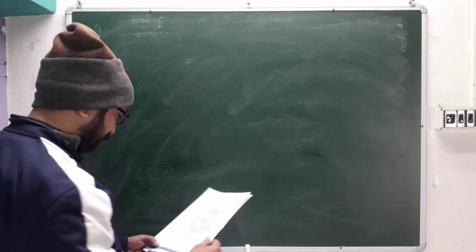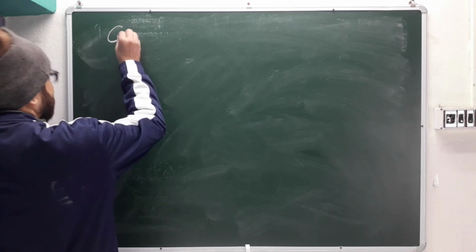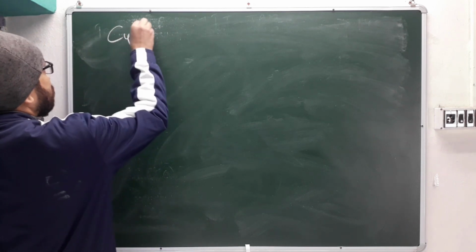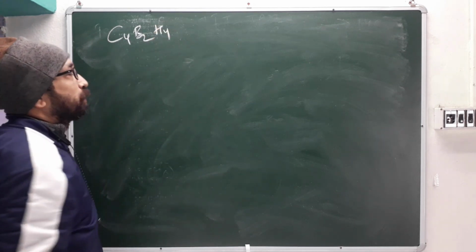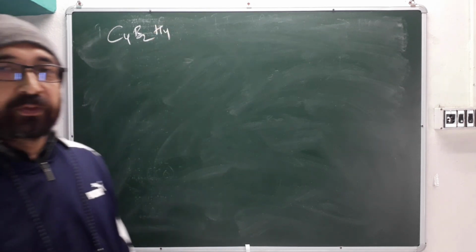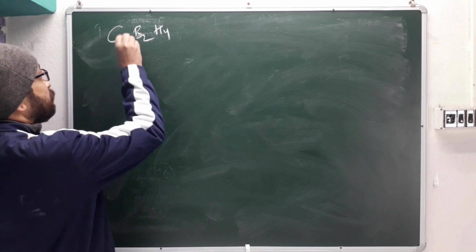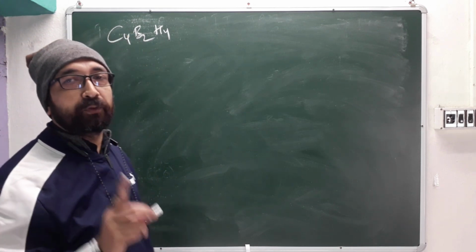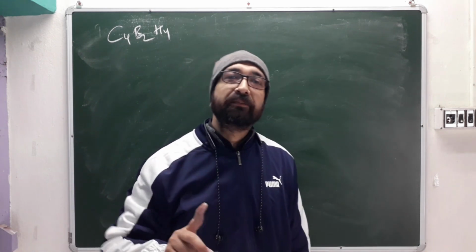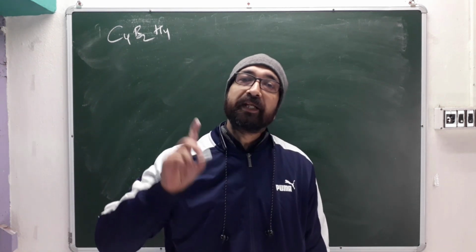So first I will take this carborane, C4B2H4. If this type of question arises, how are you going to solve it? Just convert it. You know that carbon is isolable with BH. Carbon has 4 valence electrons, so each carbon is isolable with BH.